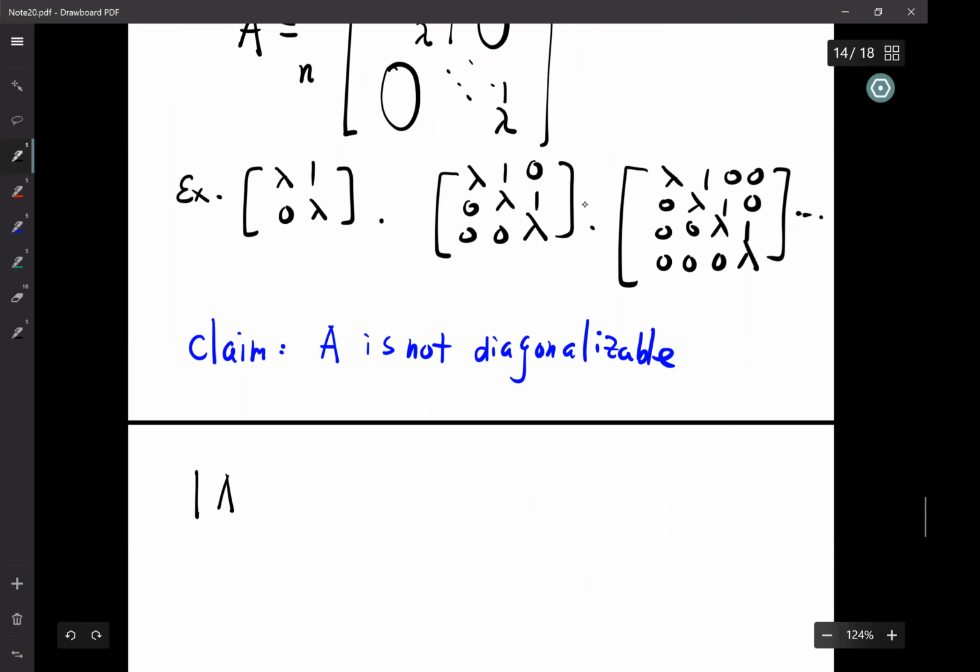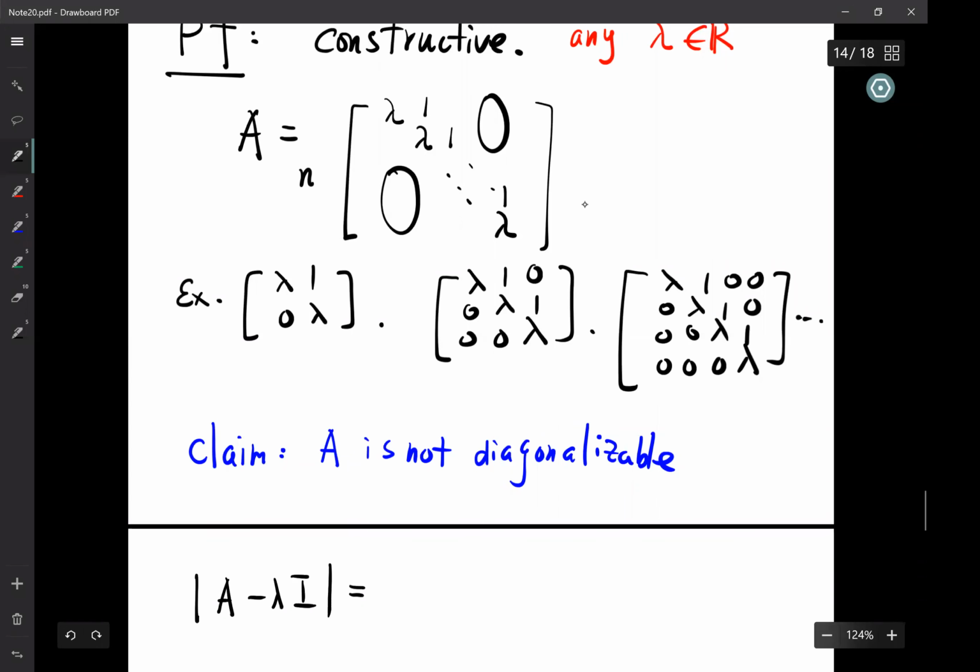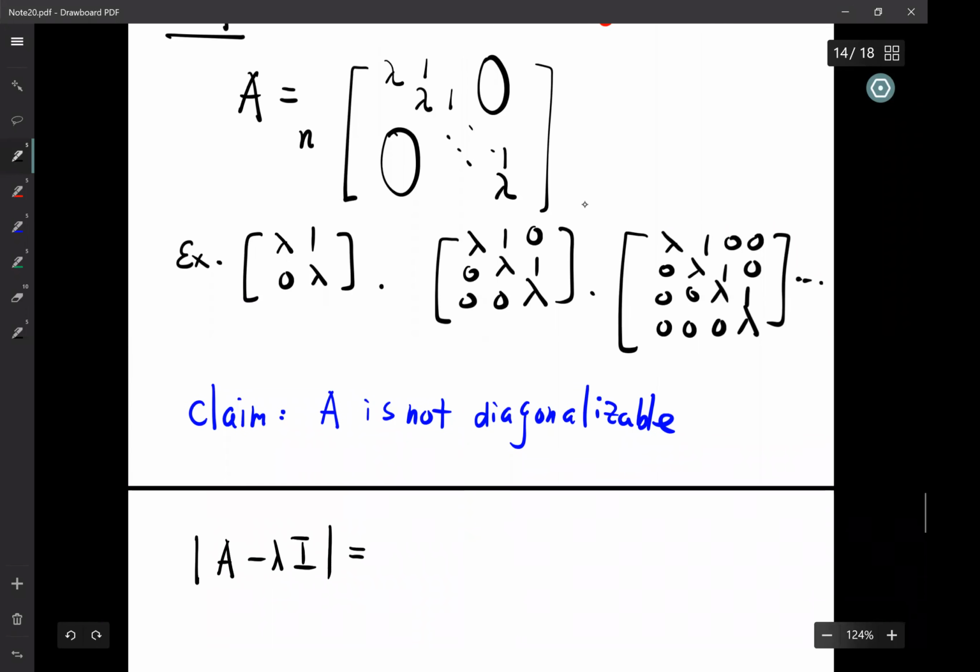So I just compute it. A minus lambda I. Sorry, I've already used lambda, so let me say lambda prime. So this is lambda minus lambda prime on the diagonal, with 1s above it.